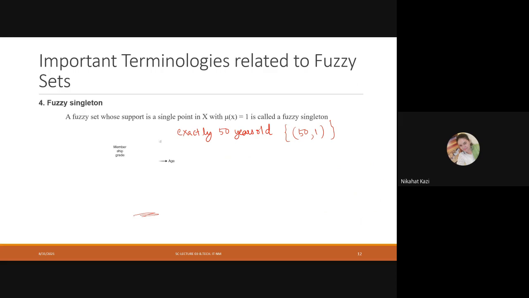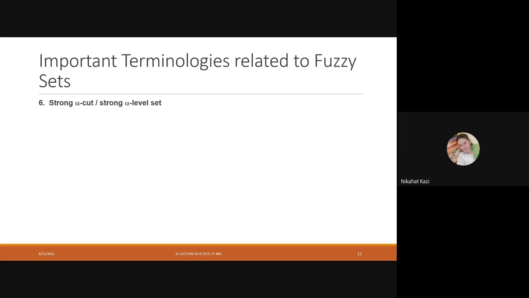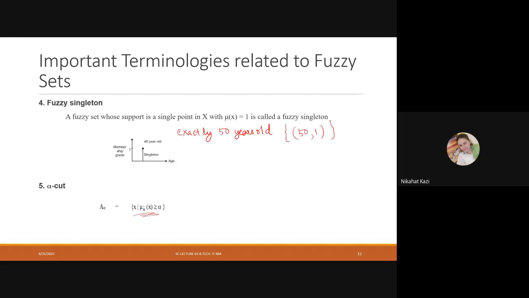Similar to alpha cut, you have strong alpha cut. Strong alpha cut has a stricter condition: the membership value of that element should be strictly greater than alpha. So you have alpha cut and strong alpha cut.